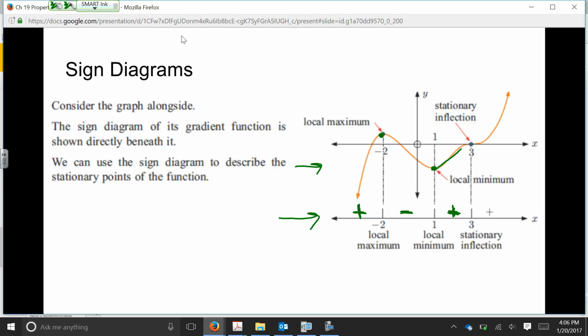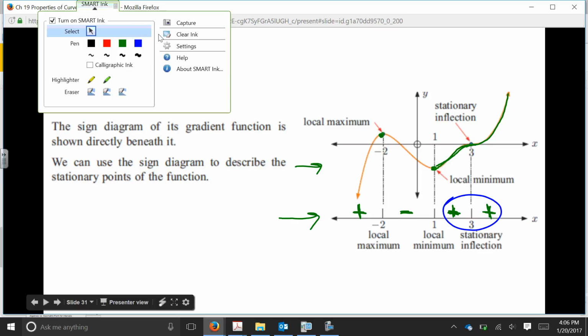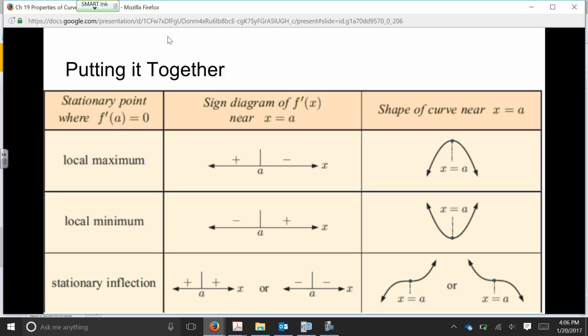But when I get to x equals 3, that stationary point of inflection, it was increasing before 3, it's still increasing after 3. So that stationary point of inflection does not show a sign change in the derivative function there. And that's how you determine whether it's a local min or max or a stationary inflection.